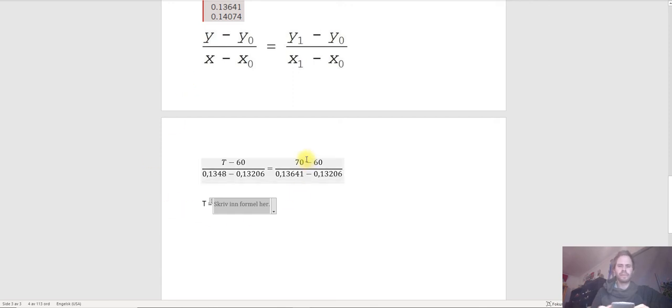For example, I take 70 minus 60, and you know what you get, and then you divide by that number there under, 0.13641 minus 0.13206. And then you multiply all of this with that one. I will write that on the calculator.